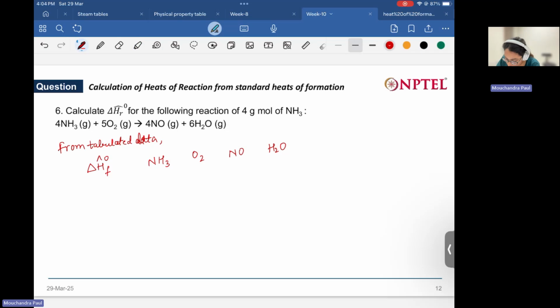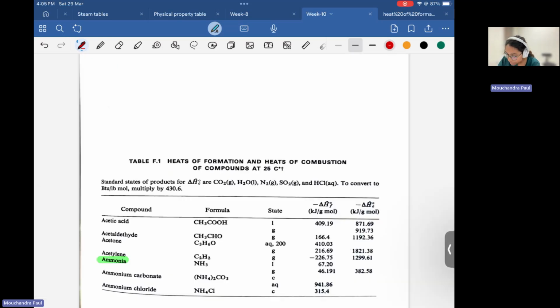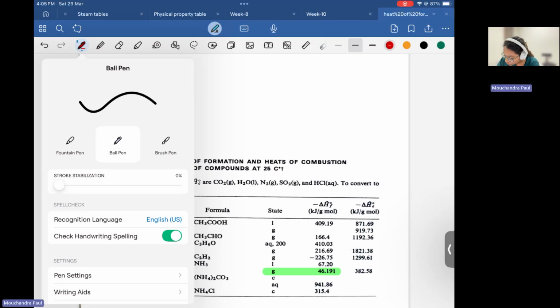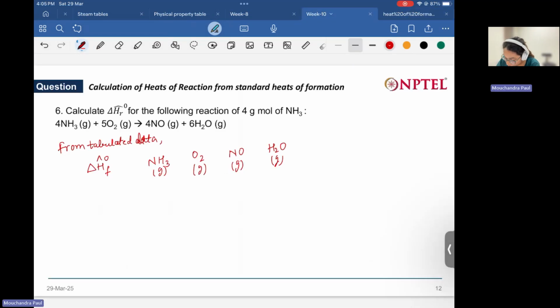We want gas. All of these are in gaseous state. So ammonia in gaseous state has a heat of formation of minus 46.19.